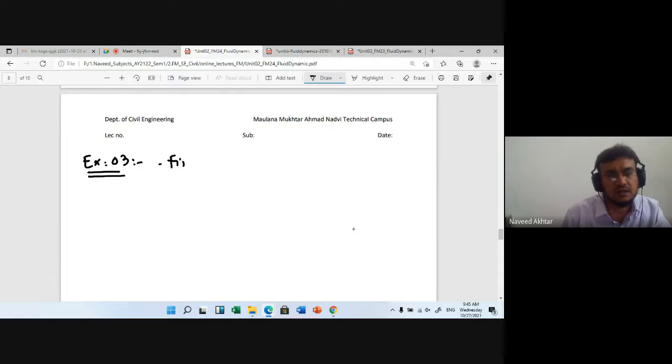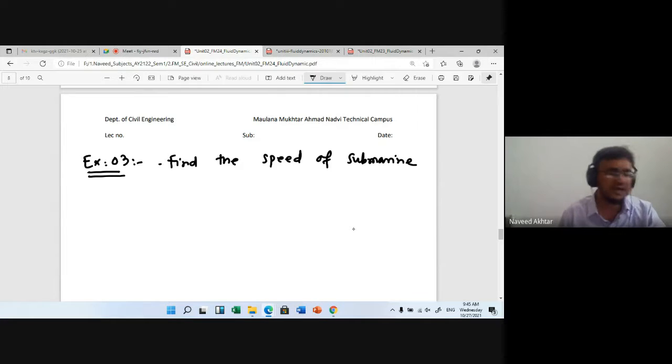Find the speed of submarine. Do you know what a submarine is? It is used by the Navy, underwater, for security over borders in the sea. They are called submarines, usually used by the naval force of India or any other country.